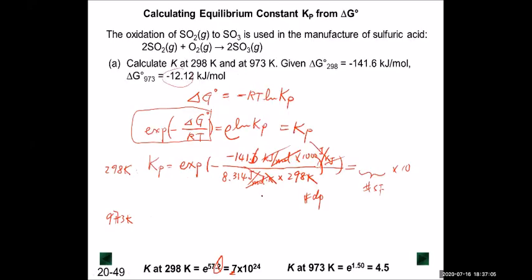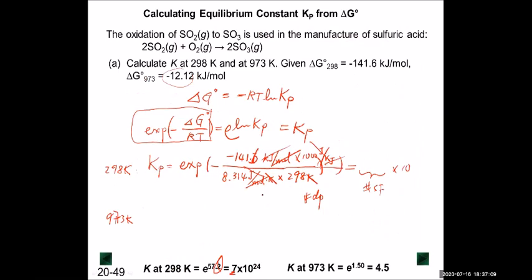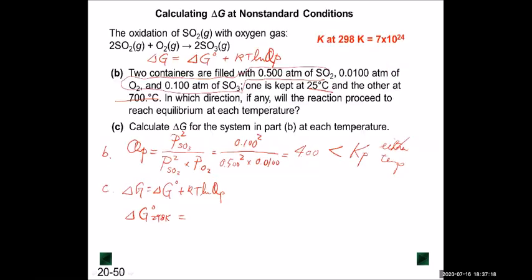Let's go back to the previous slide. There we go. This is the room temperature value for this reaction, negative 141.6. So I put in negative 141.6, the standard free energy change at this temperature.